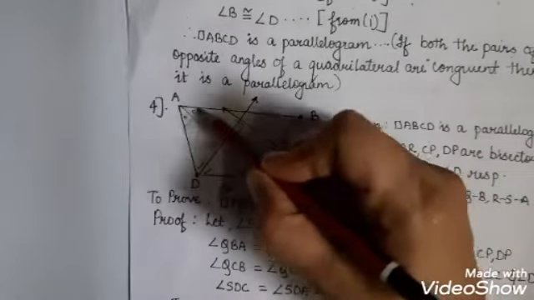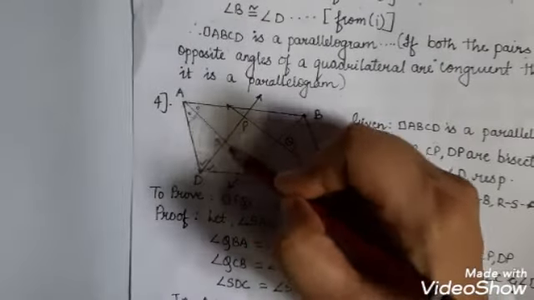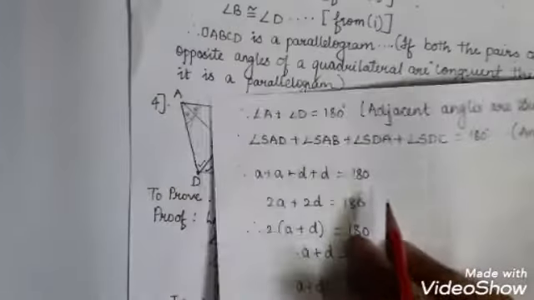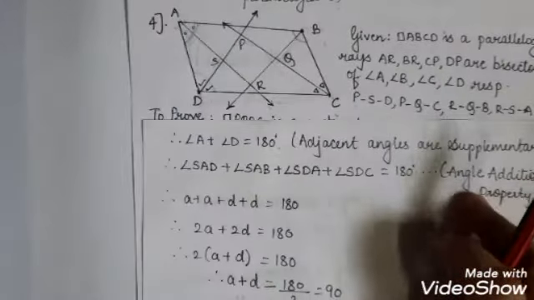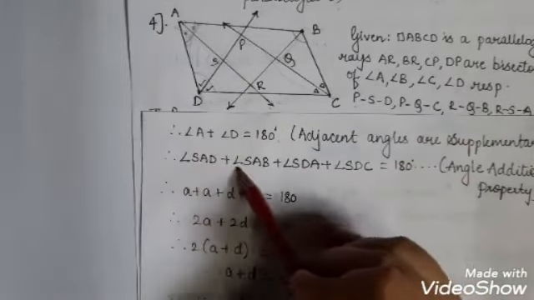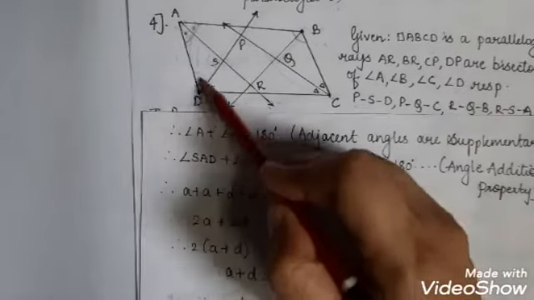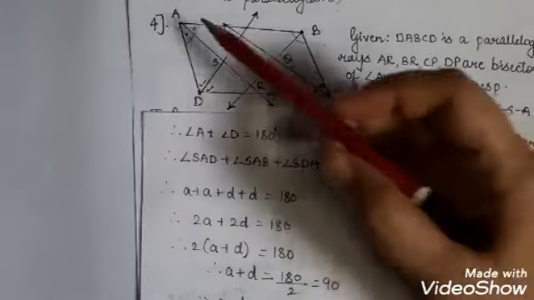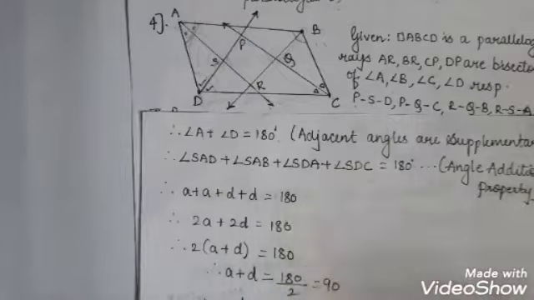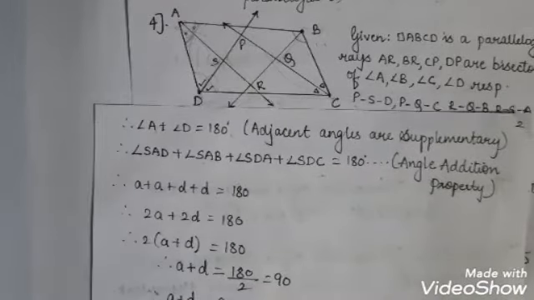Angle A is divided into two parts, angle SAD and angle SAB, so in place of angle A I write SAD plus SAB. Same for angle D: angle ADS plus angle SDC, which is equal to 180 degrees.